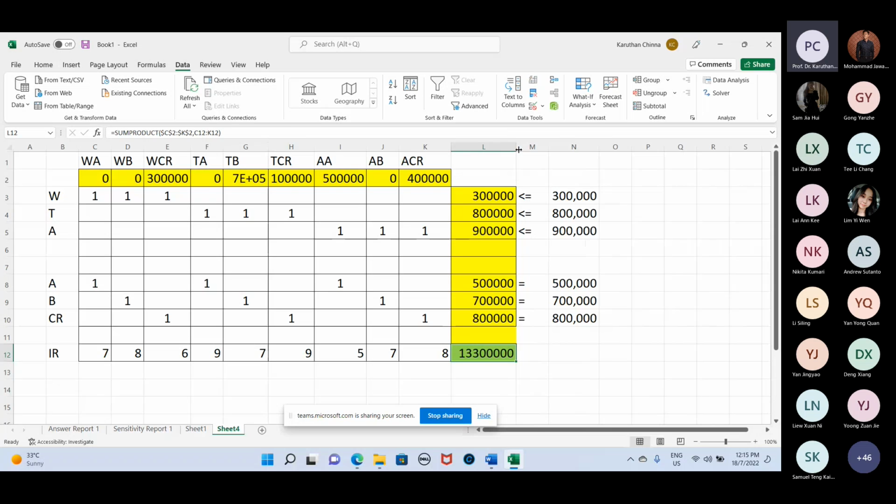Some value is wrong. Can you check what value is wrong? This value is too high. Yes, the problem is the total of the time. Say again.